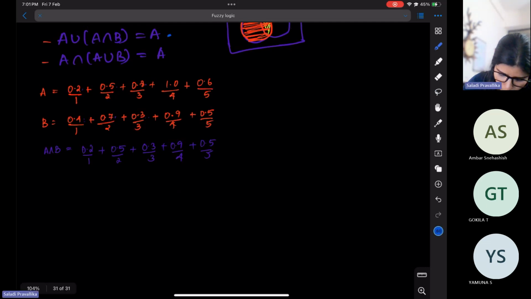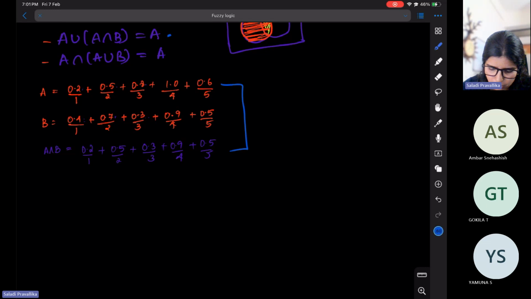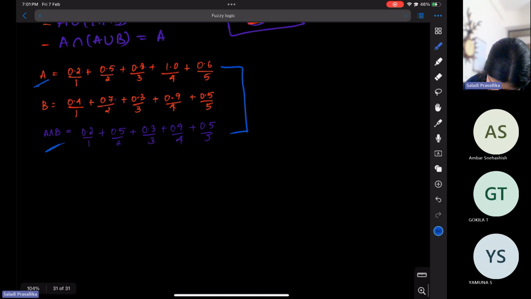So now we want to take A union, sorry, A union, A intersection B. So the union between this and this fuzzy sets. Let's calculate it for A union, A intersection B. That is, we take the maximum values, right?